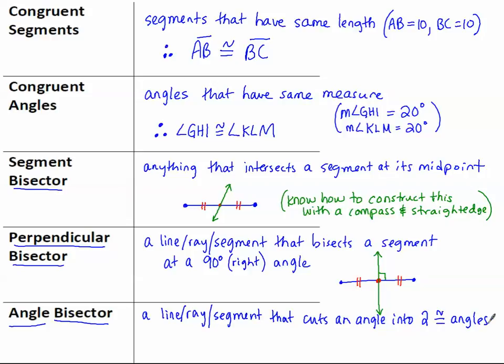So two angles that will measure the same size. So let's draw an angle. I'm going to draw it with two rays. There's an angle, and now I'm going to show the angle being bisected, so this half and this half are the same. I bisected this angle with a ray. This ray is bisecting that big angle.